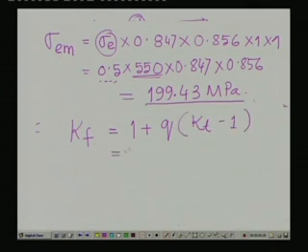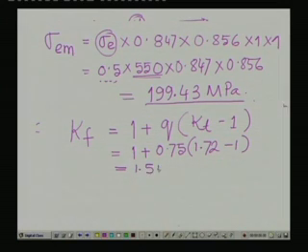Putting in these values, we have noted that q for bending was 0.75, and Kt was 1.72, minus 1, that gives us the value as 1.54.